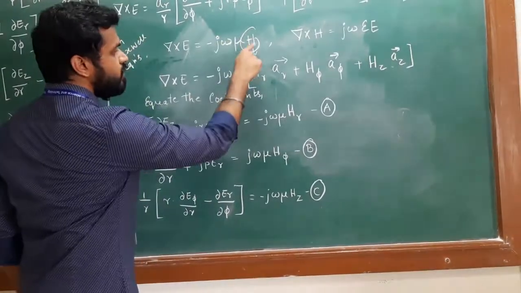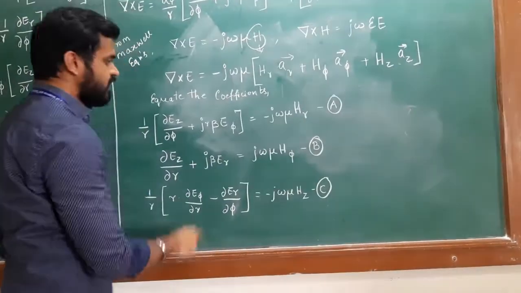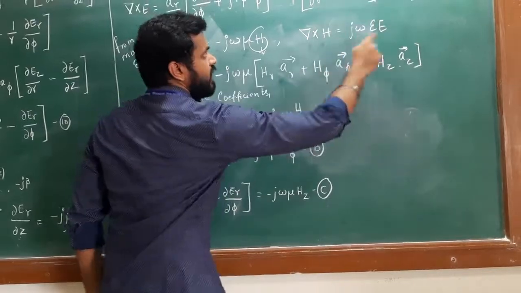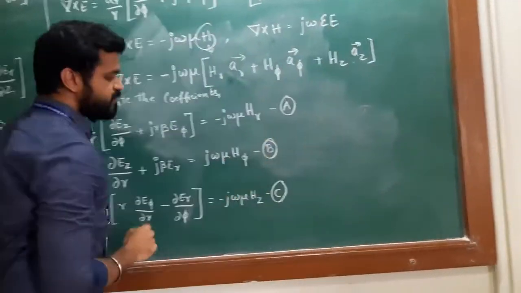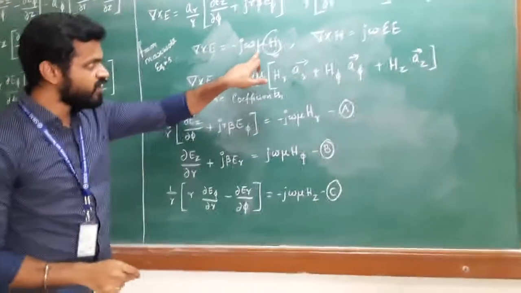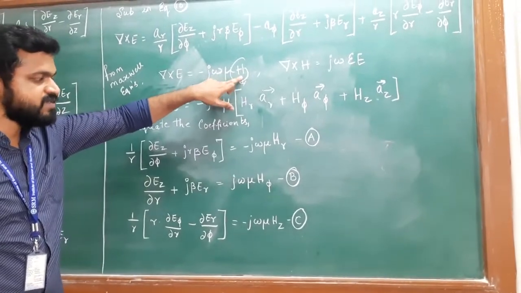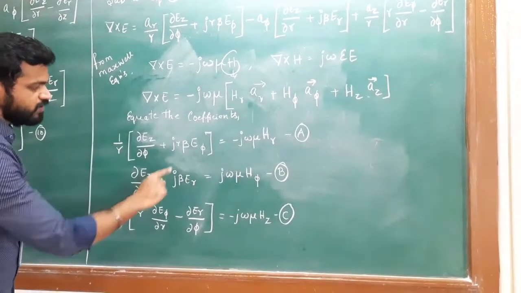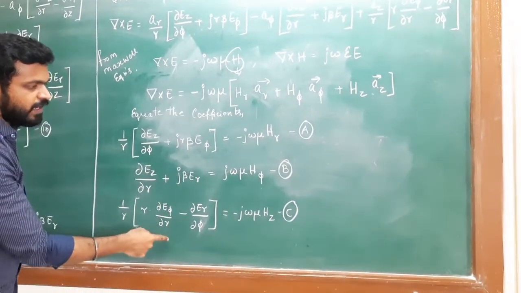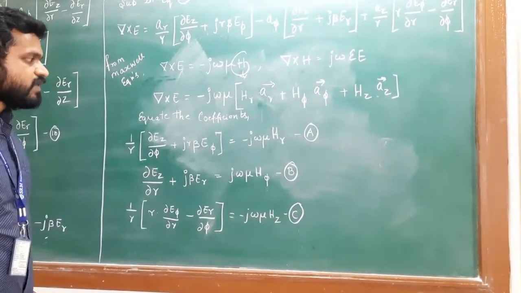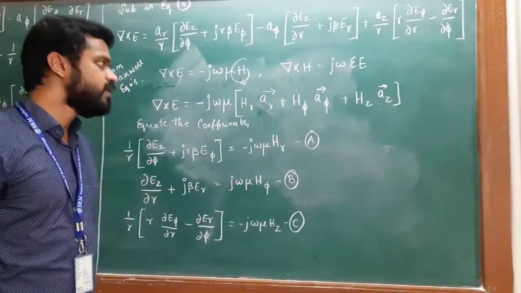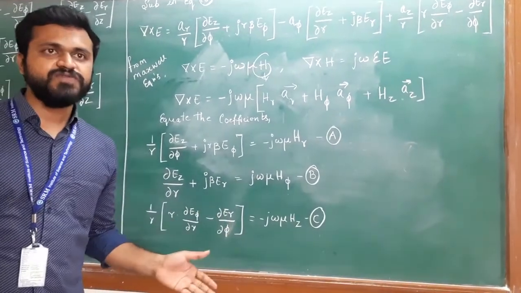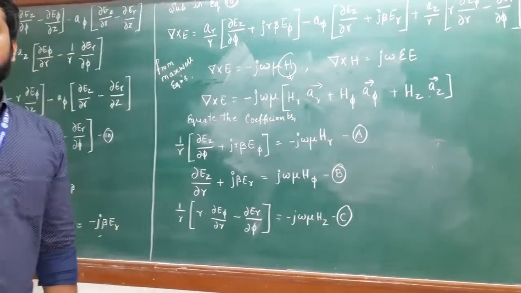Likewise, once again for the A phi coefficient and the A Z coefficient, which are equal to minus j omega mu times the corresponding R, phi, Z components. This is your R coefficient, this is your phi coefficient, and this is the Z coefficient. So now we have found the corresponding magnetic field components HR, H phi, Hz. So likewise we can do it for the other components.